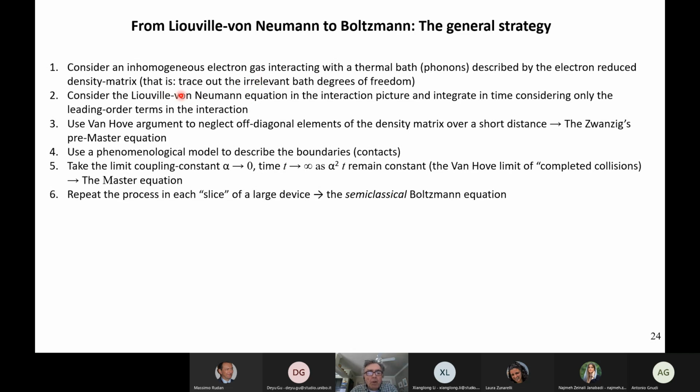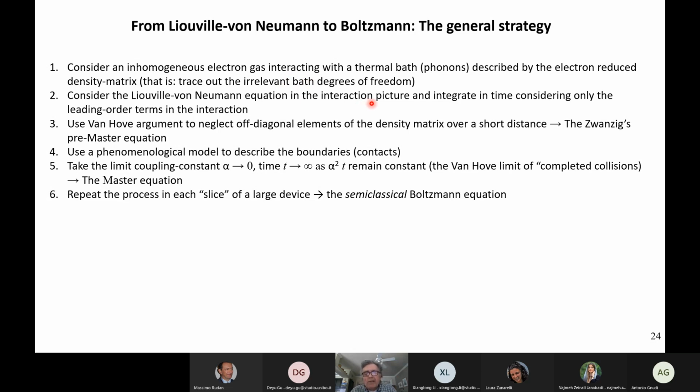Then we will consider the Liouville von Neumann equation, as I said, in the interaction picture, so that my density matrix evolves in time only according to the electron phonon Hamiltonian, my interaction Hamiltonian. The operators evolve in time according to the free Hamiltonian that includes already the potential, by the way.